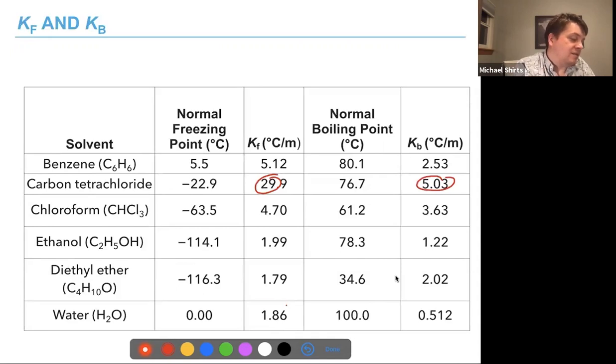Water has a relatively small freezing point constant and a relatively small boiling constant as well. And actually, you have to put a lot of stuff in to raise the boiling point of water compared to some other fluids. So a lot of this depends on the solute interactions, and there are a lot of details going on there. What we can say is that it's going to have a linear constant of proportionality.